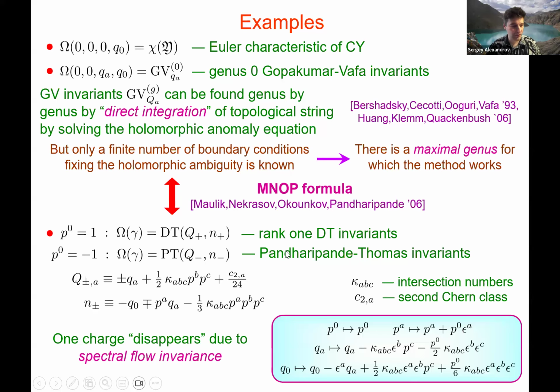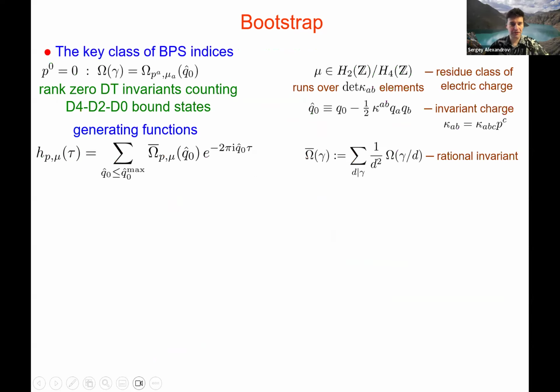The final type of BPS indices which I'll be interested in, and which will play the key role in my story, are the so-called D4, D2, D0 BPS indices. In other words, I put the D6 brane charge to 0, and therefore on the mass side they are called rank 0 DT invariants.